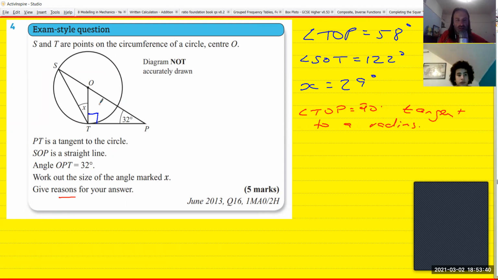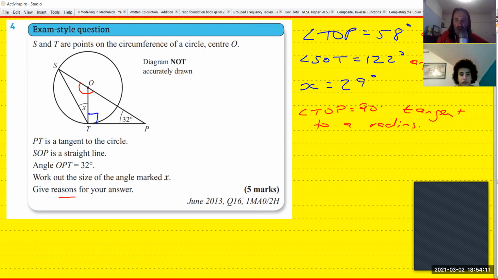Okay. So then you did 180 minus 90 minus 32. Where did the 180 come from? Angles in a triangle add up to 180. Where did the 180 come from for 180 minus 58? Oh, angles on a straight line make 180.